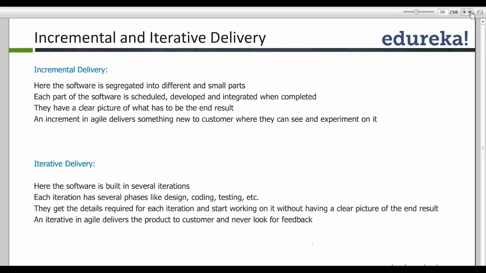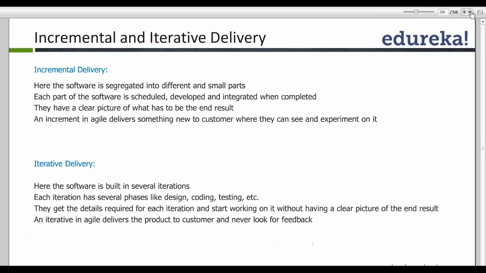If I take you back in history, around 20-25 years, when ATMs were first developed, the only feature available was that as a user, I could withdraw money from my account. In the second iteration of this software development, they came up with an increment to the product.